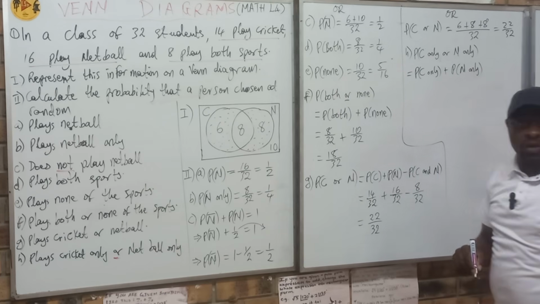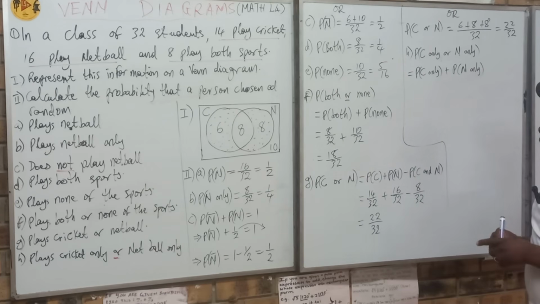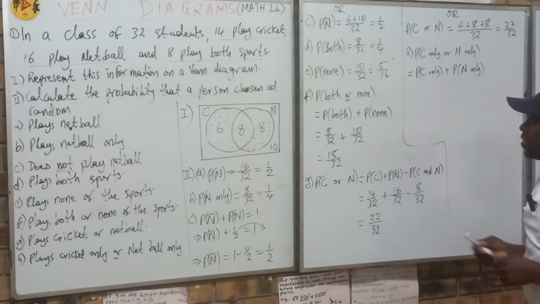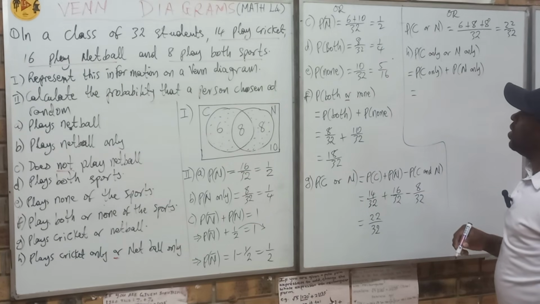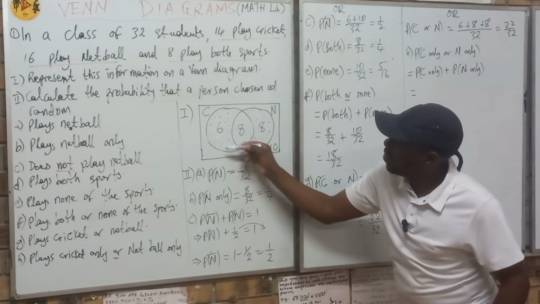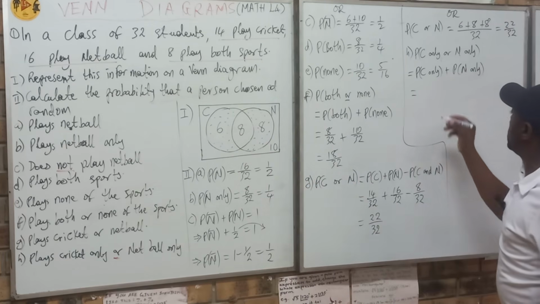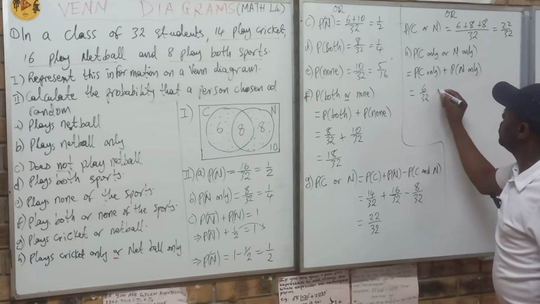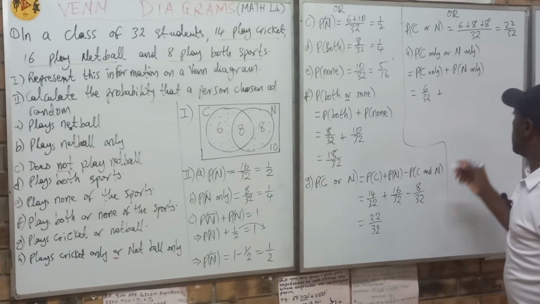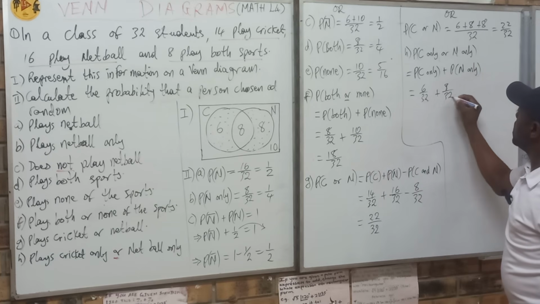For a level 4 student who is using the formula sheet, settle for formula number 30, which is the formula for mutually exclusive events. So C only, we read what is in the portion called C only, which has 6 out of 32, then netball only has 8 out of 32.